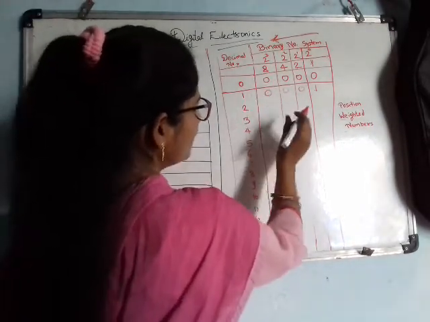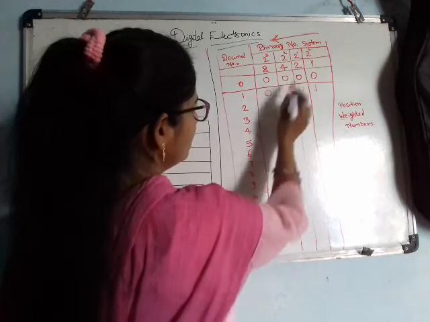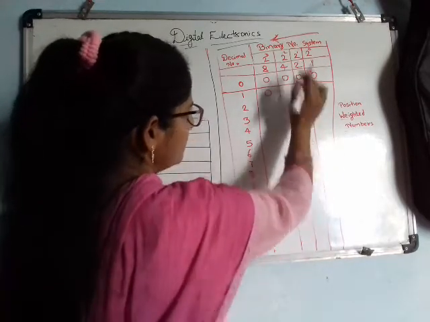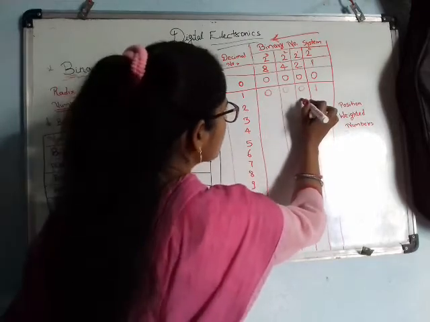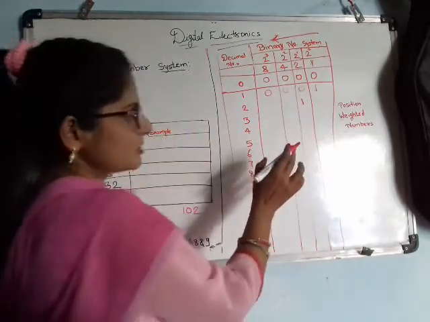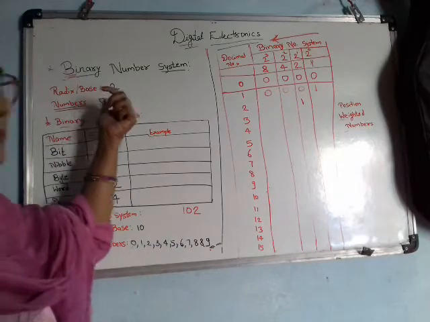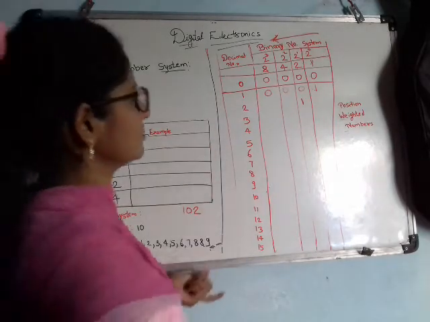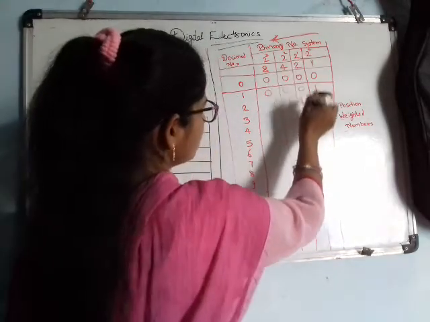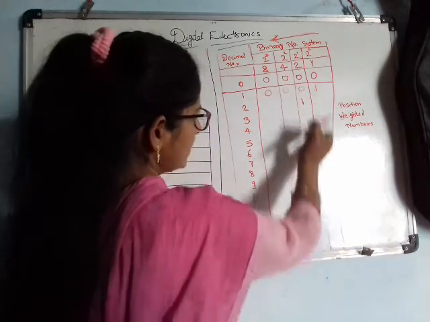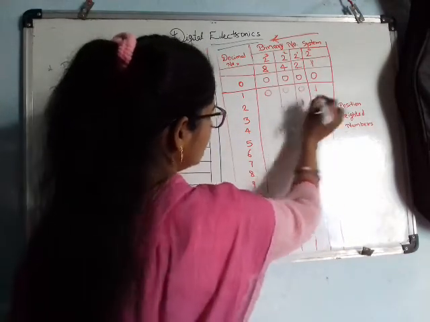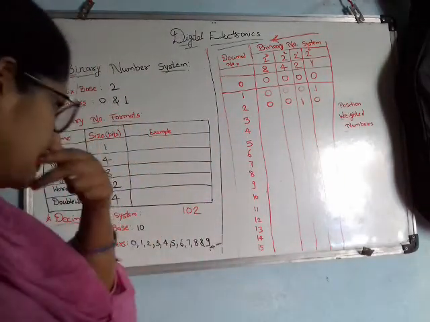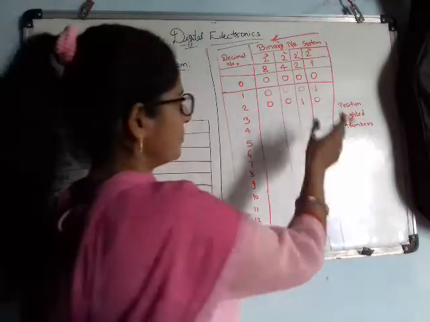Let's see how to use this combination for writing 2. The weightage of the second row is 2, so write down 1 there, because the binary number system consists of only two numbers, 0 and 1. By using only 0 and 1, we have to manage all these numbers. So write 1 at the position of 2, and 0 on the remaining rows.